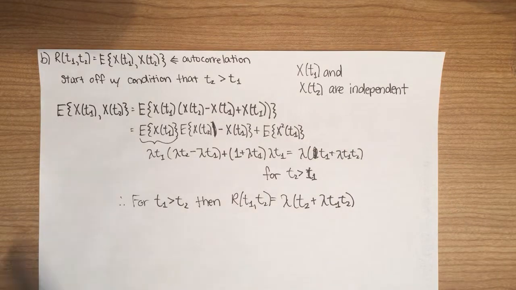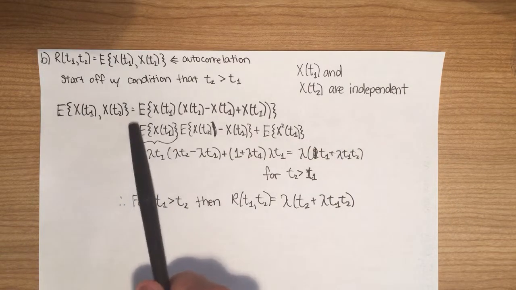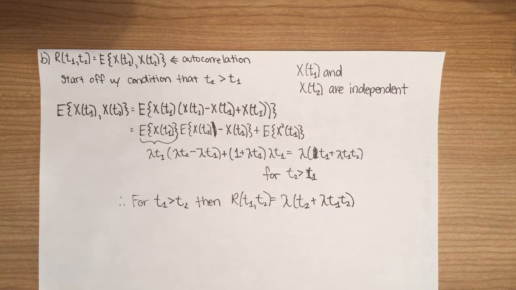So we start off with the autocorrelation equal to E, the expected value of x of t1 times the quantity x of t2 minus x of t1 plus x of t1.